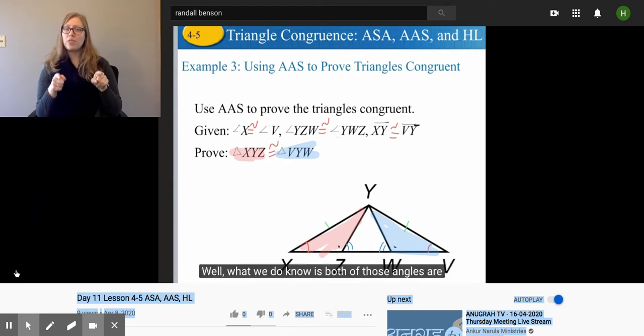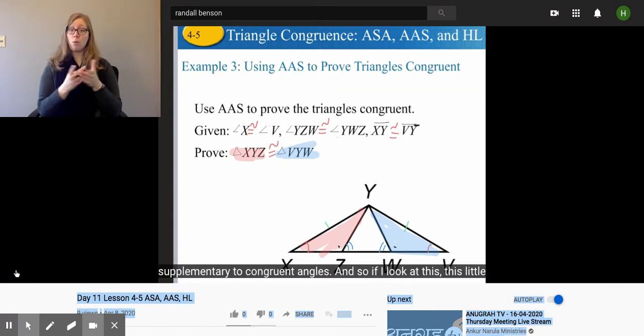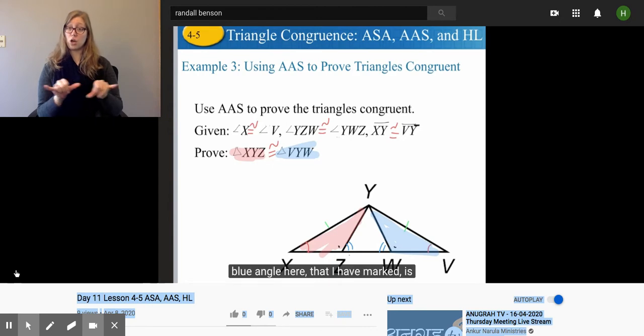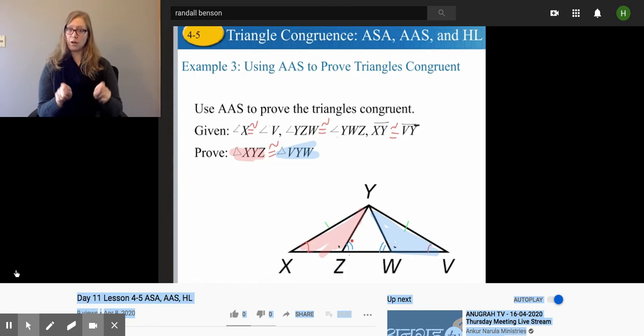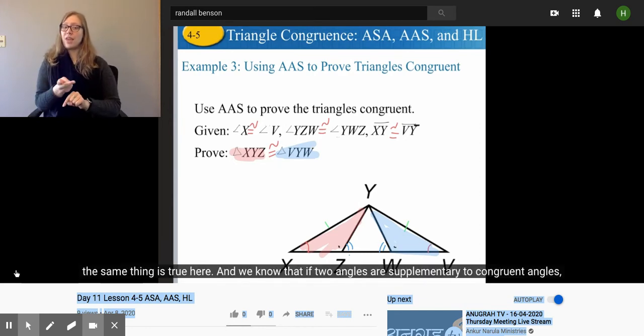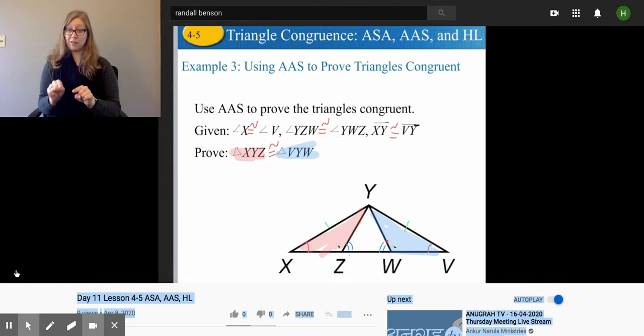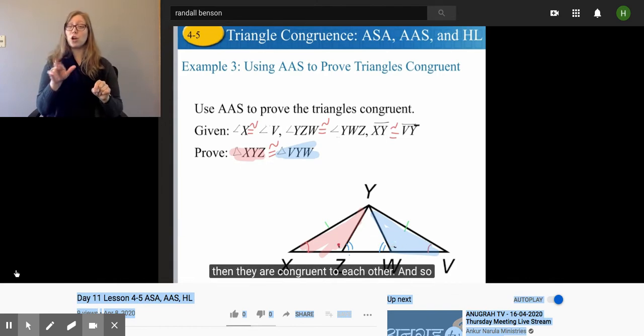Well, what we do know is both of those angles are supplementary to congruent angles. And so if I look at this, this little blue angle here that I have marked is supplementary to this angle. And the same thing is true here. And we know that if two angles are supplementary to congruent angles, then they are congruent to each other.